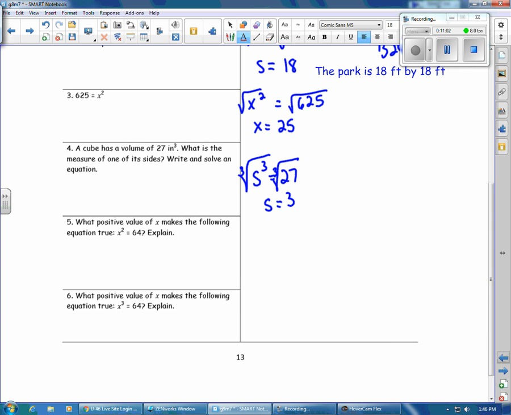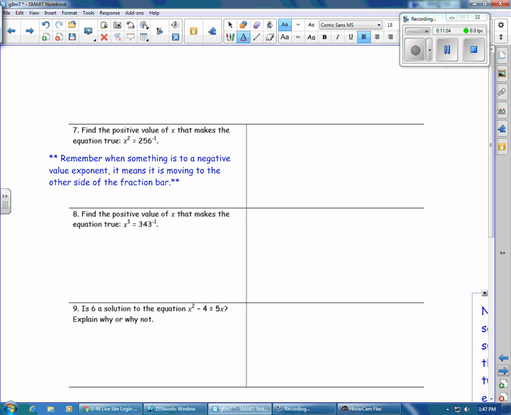I want to go ahead and explain number 7 to you. Number 7, find the positive value of x that makes the equation true. X squared equals 256 to the negative 1 power. Remember, when something is to a negative value exponent, it means it's moving to the other side of the fraction bar. So 256 to the negative 1st power is equal to 1 over 256.